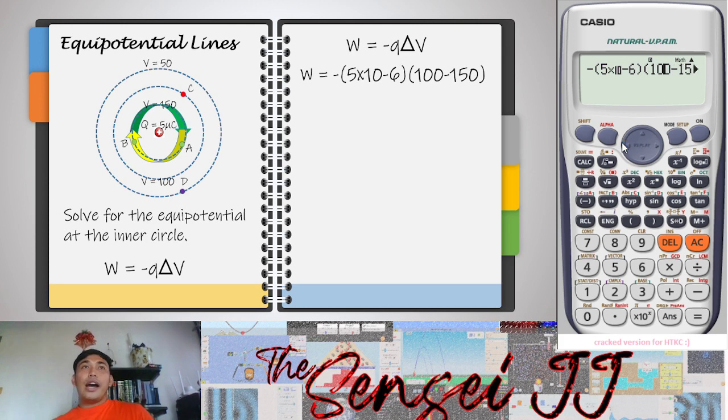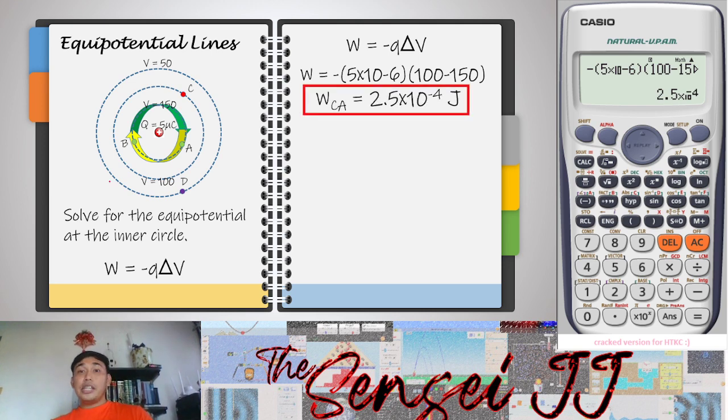Negative 5 times 10 raised to negative 6 for our charge, and multiply to 100 minus 150, we will be arriving at the answer of 2.5 times 10 raised to negative 4. So, nakita natin yan. CA. That's why mauuna ang ating A, mauuna yung ating C, final minus the initial.